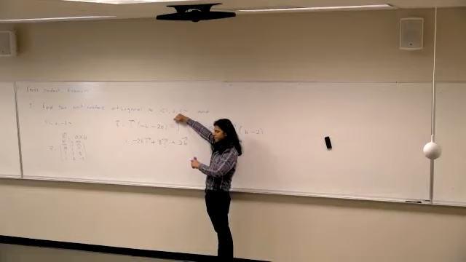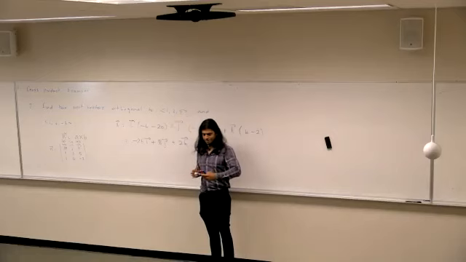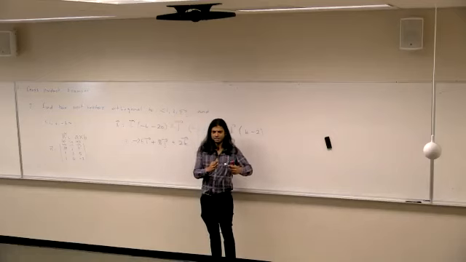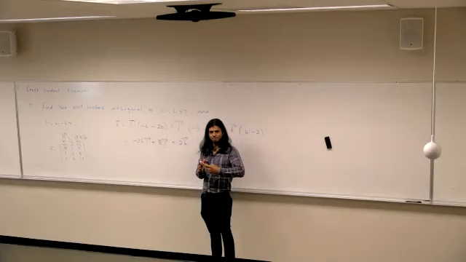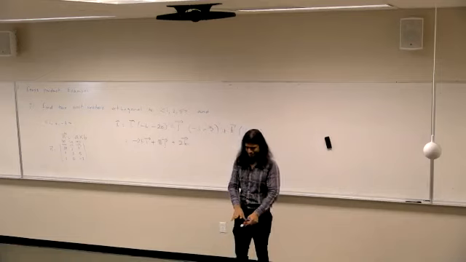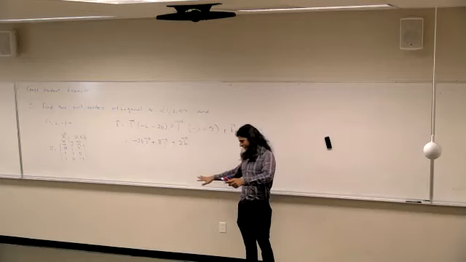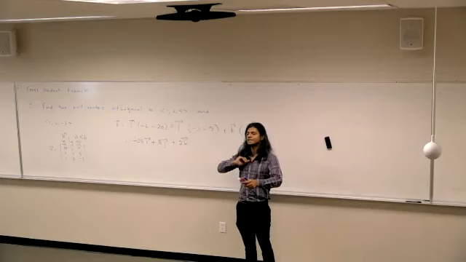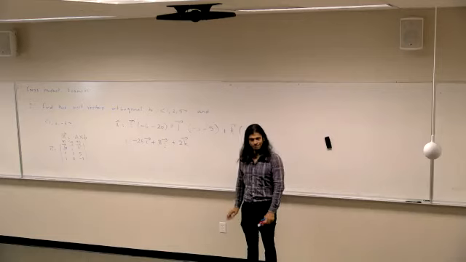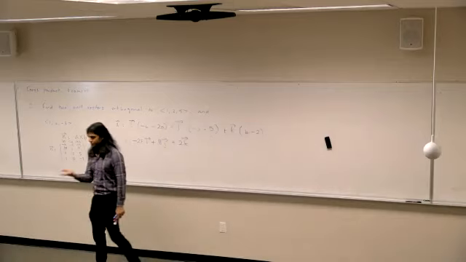If you find the unit vector corresponding to, say, some vector A, do you believe that the unit vector will point in the same direction as the vector A? Do you follow my question? Yes, it is going to point in the same direction, but the magnitude is just 1.